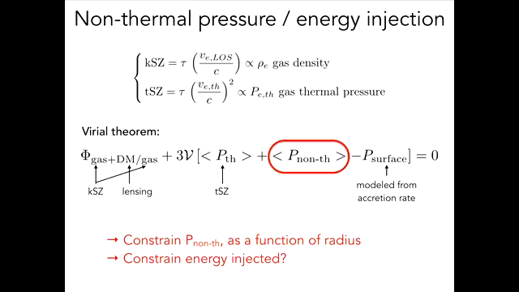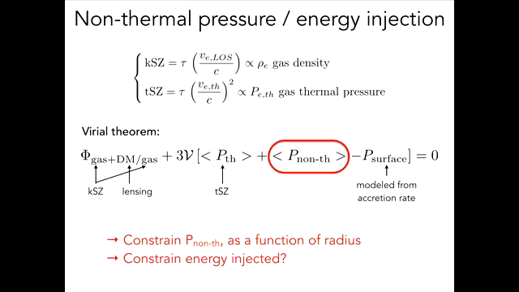The kSZ measurement will give you the gas mass profile, and so you'll be able to estimate the gravitational energy. The thermal SZ measurement will give you the thermal pressure support. These two measurements combined will tell you something about the other sources of support inside galaxy clusters, things like turbulent motions that are pretty uncertain, and would help constrain galaxy formation.